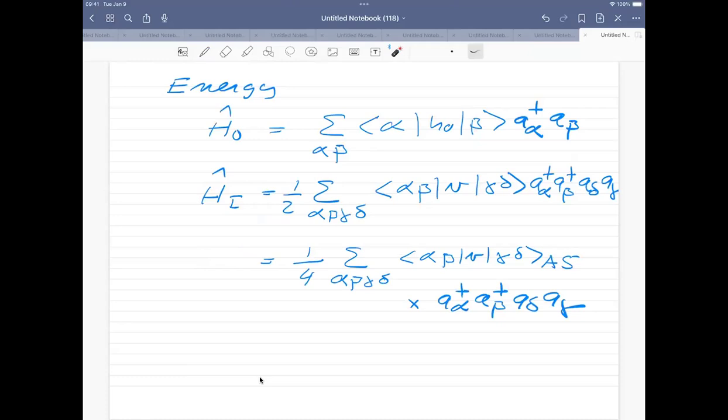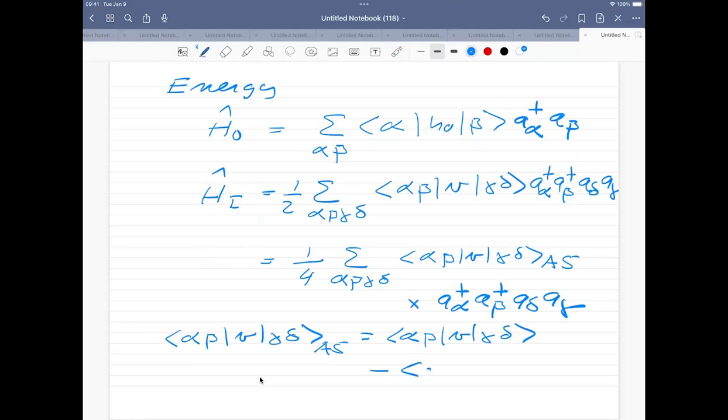And just to remind you quickly of that, these alpha, beta are integrals, and we sloppily call them matrix elements because we tend to rewrite everything in terms of matrices. So this is an integral, which we call a direct term, minus alpha, beta of the exchange term.